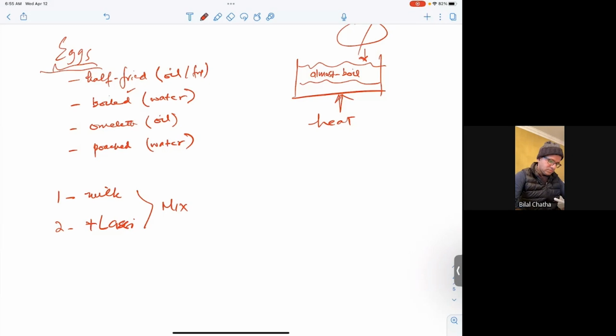And then she puts that mixture in a fridge.